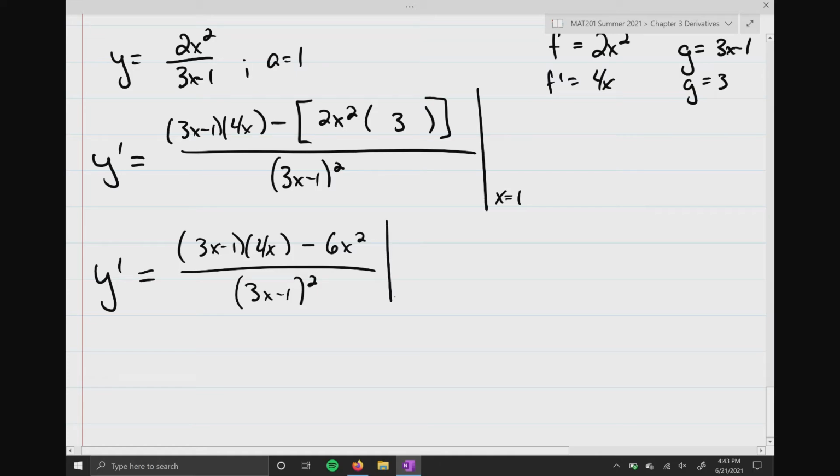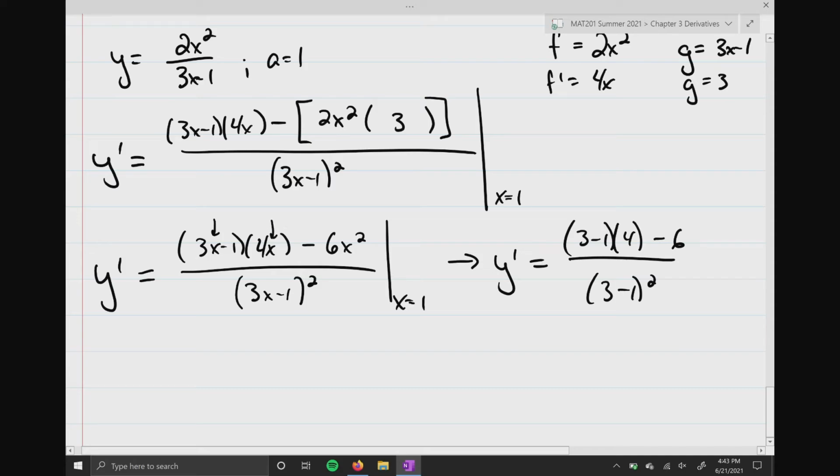Now, I'm going to evaluate this when x equals 1. So, y prime equals 3 minus 1 times 4 minus 6 all over 3 minus 1 to the second. Remember, all you're doing is you're just substituting in 1 in for x. So 3 times 1 is 3, 4 times 1 is 4. 1 squared is 1, and 6 times 1 is 6, and so forth.